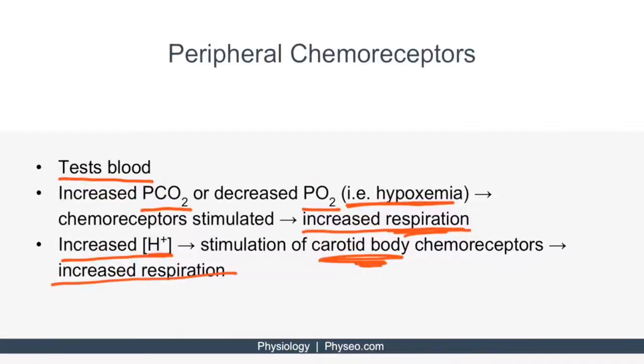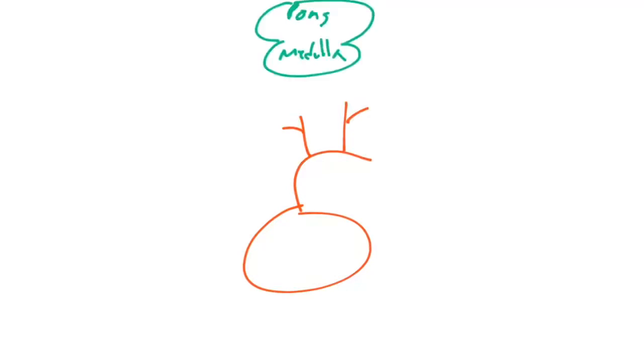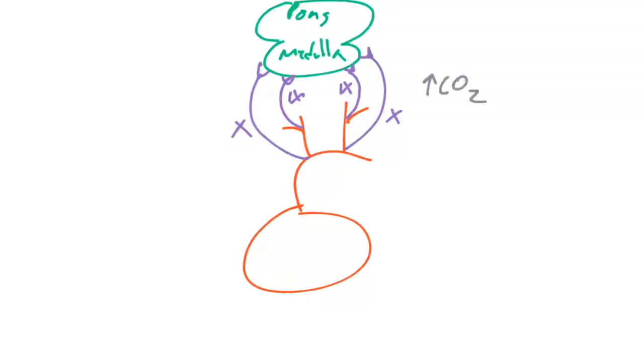So let's draw this out quickly. So here's the heart, the aorta, and the carotid arteries, and they send signals to the pons and medulla, and they do this via cranial nerves 9 and 10. And they are stimulated by increased pressure of carbon dioxide or decreased partial pressure of oxygen. In other words, if the patient is hypoxemic, these receptors will be stimulated, and the medulla will then increase respiration.